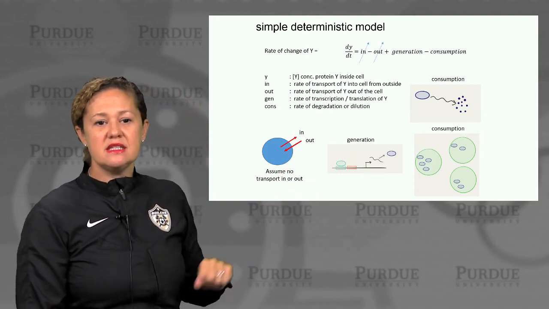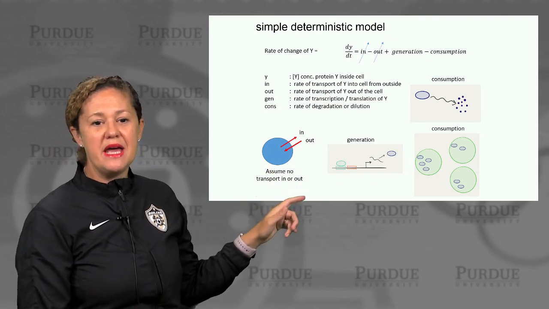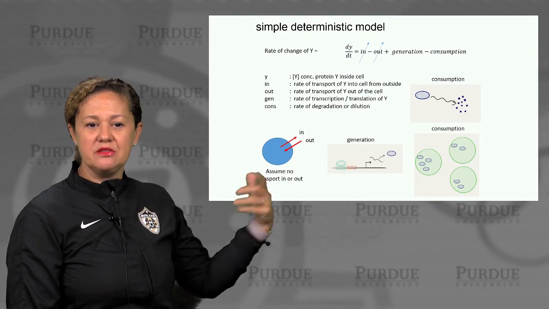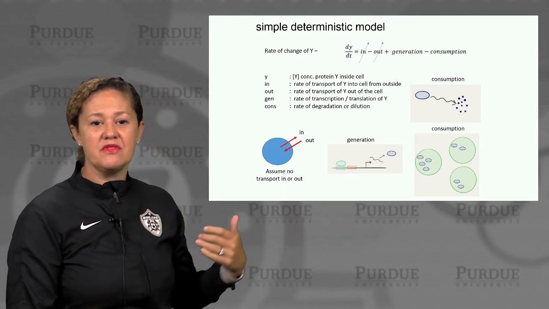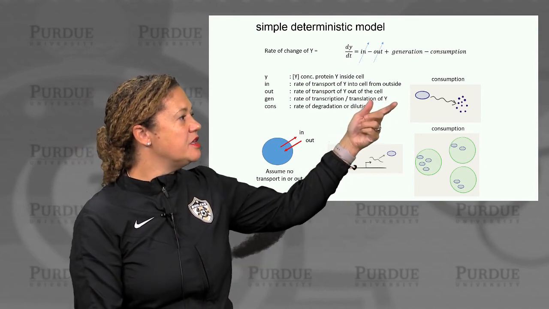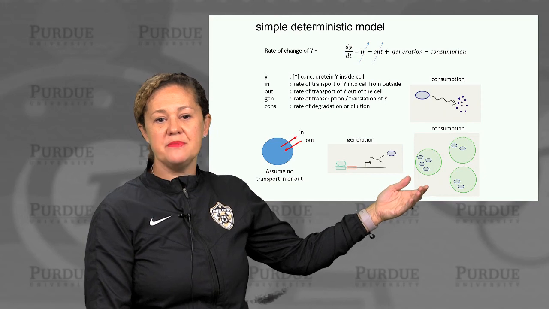In these cases, we're going to be focusing on generation and consumption. We're going to make the assumption that there's no transport of Y in and out of the cell. So we focus on generation and consumption, which can either be degradation or dilution from cell division.